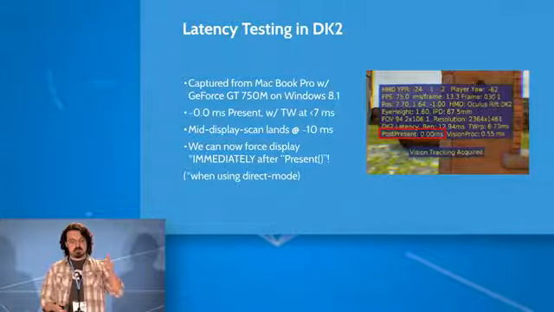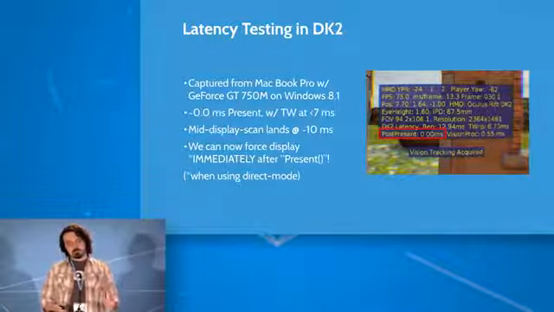And in this case, we do have 0 millisecond post-present because we've actually now started saving that. What we used to see with that 1 frame latency in direct mode, we can now save. In extended mode, however, if you're running it that way, you'll still see that 13.3 millisecond latency show up with the DK2.